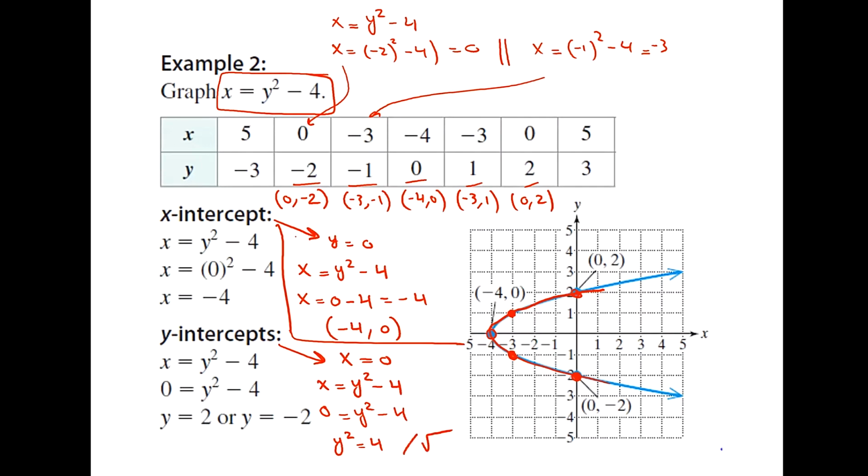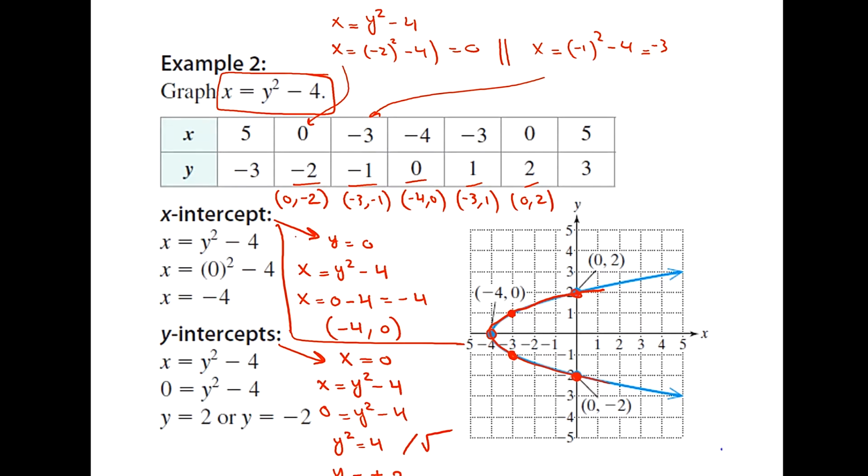Take the radical for both sides. So y equals what? Plus or minus 2. So how many y-intercepts do we have here? We have 2 y-intercepts.